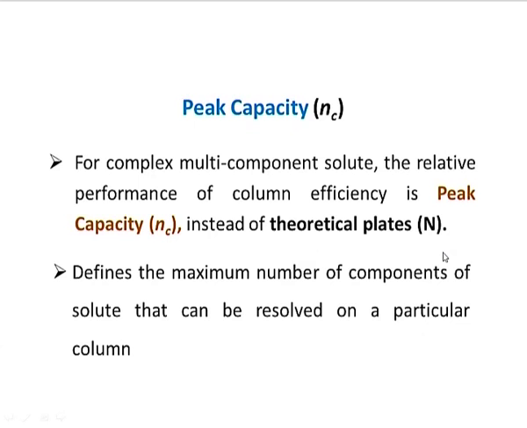Generally, for samples which contain many components, not just 2 or 3 but several components, the relative performance of column efficiency is given by peak capacity rather than theoretical plates. And this peak capacity defines the maximum number of components of a sample which can be resolved on a particular column. Let us try to understand this.